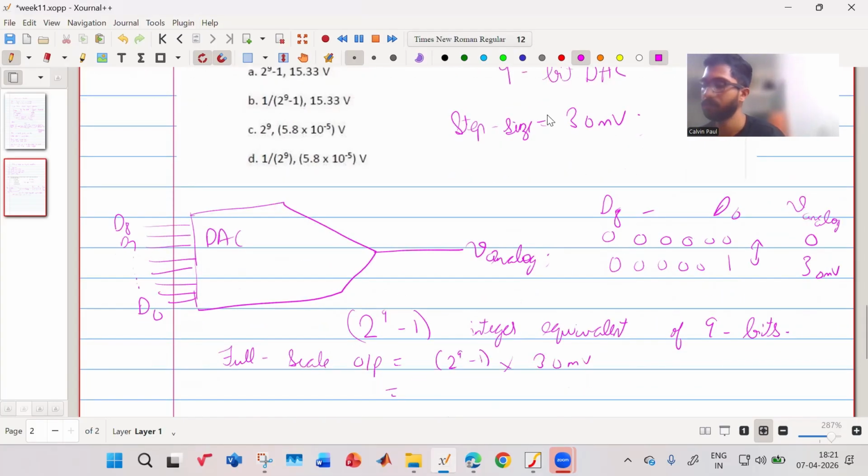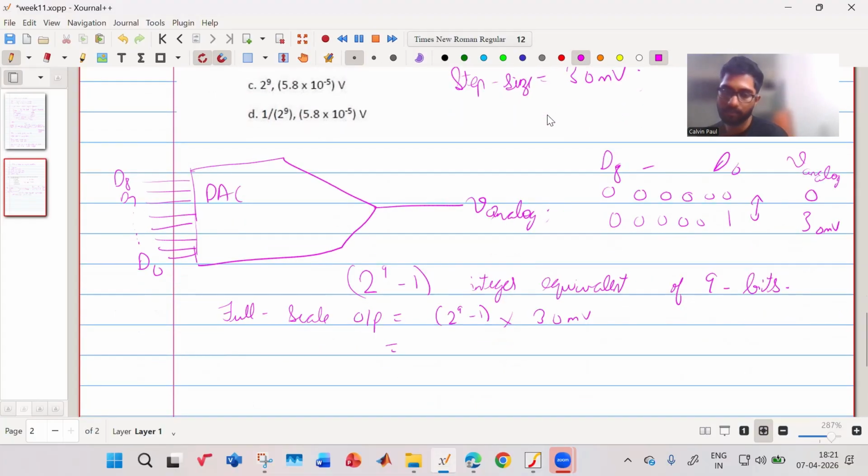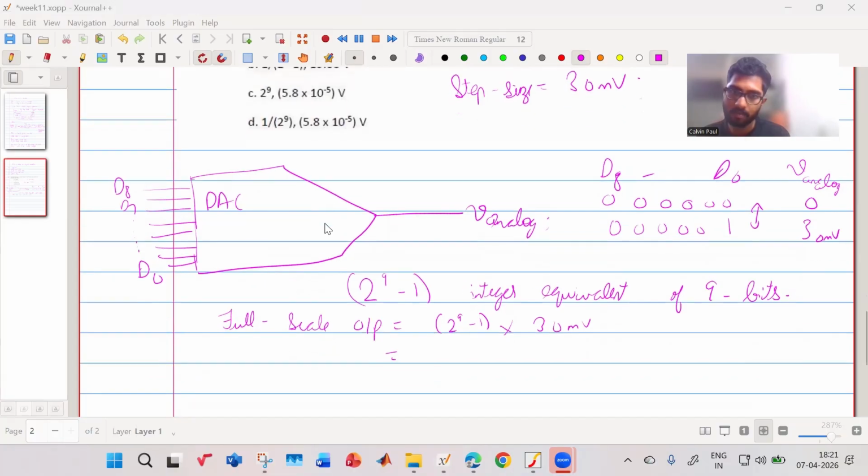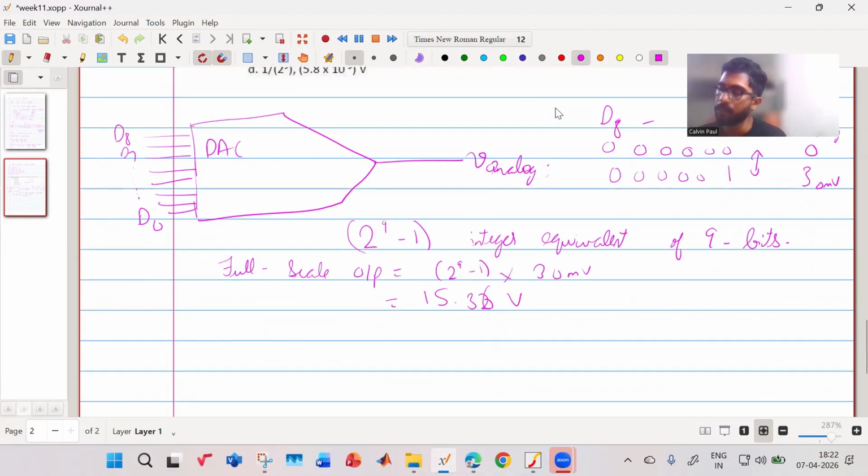How much is that? It will be 15.36 volt. Okay, fine.